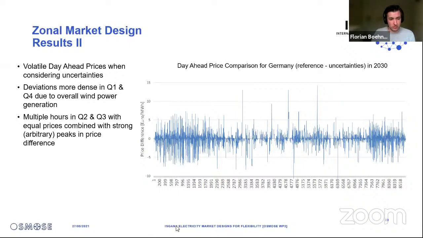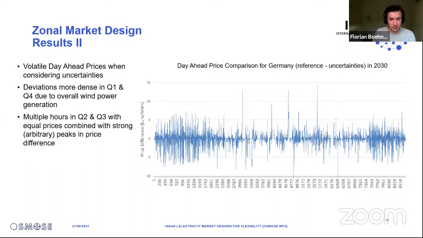So in the first quarter and the last quarter of this chart, which would be the winter periods, where we additionally have more wind than in the summer period. And also we have a higher relative percentage of wind as PV power peaks during the summer period, making the system overall more reliant on those forecast errors.